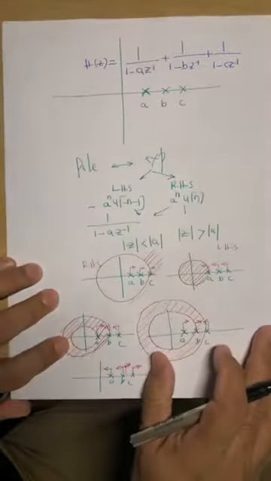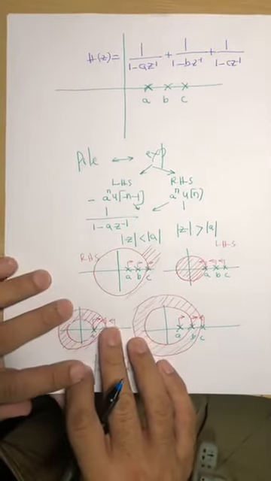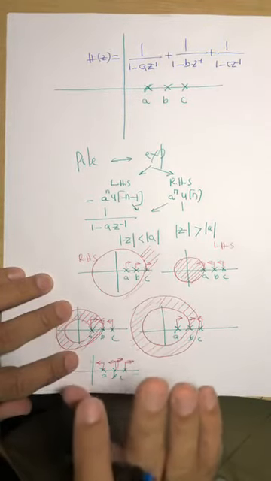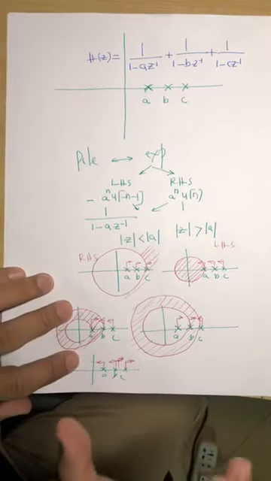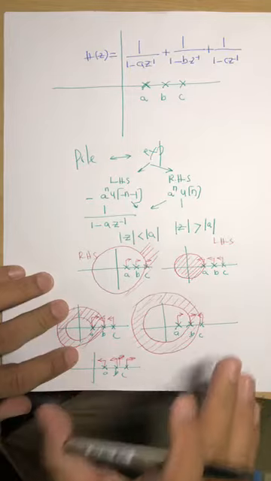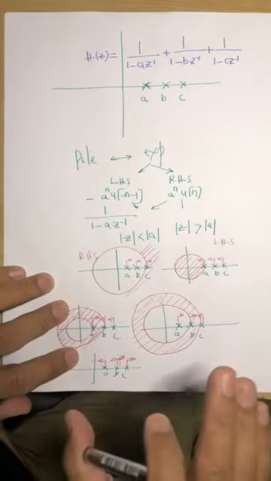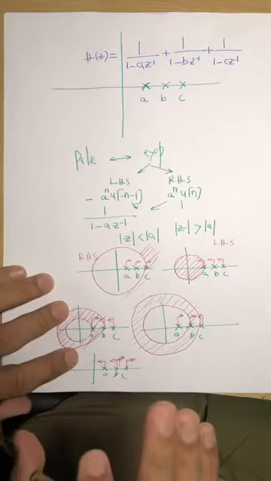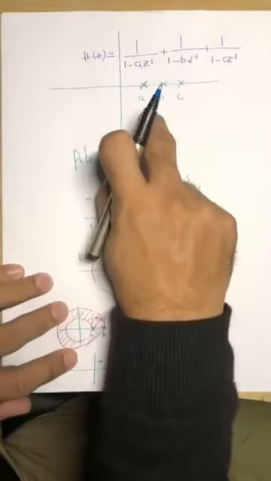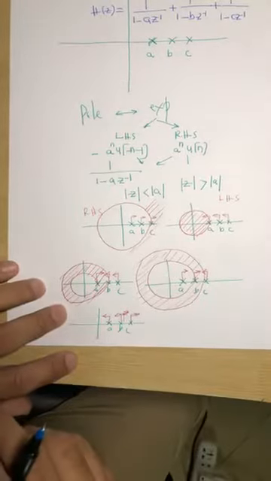There are going to be zeros as well, but we don't worry about zeros for stability, because zeros do not play any role in stability. They do play a role in shaping the Fourier transform, but they don't determine whether a system is stable or not, and our main concern right now is stability. So these are the poles you have to plot, and then you start writing all the possibilities.